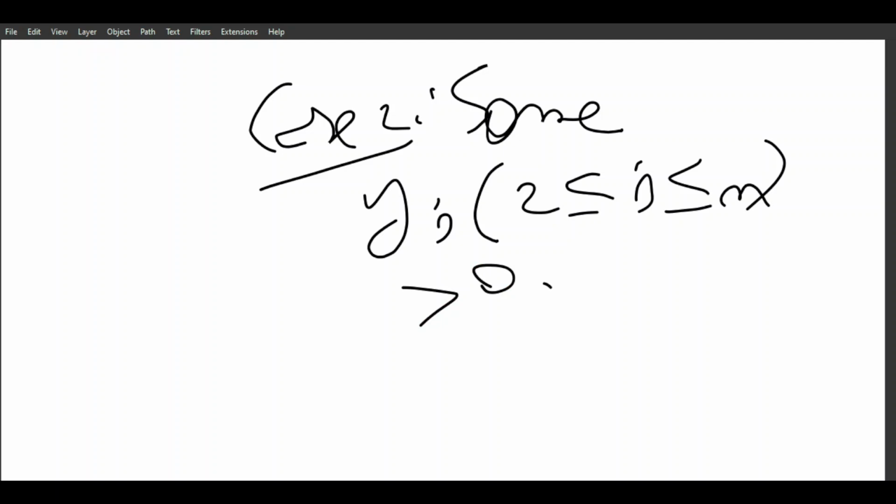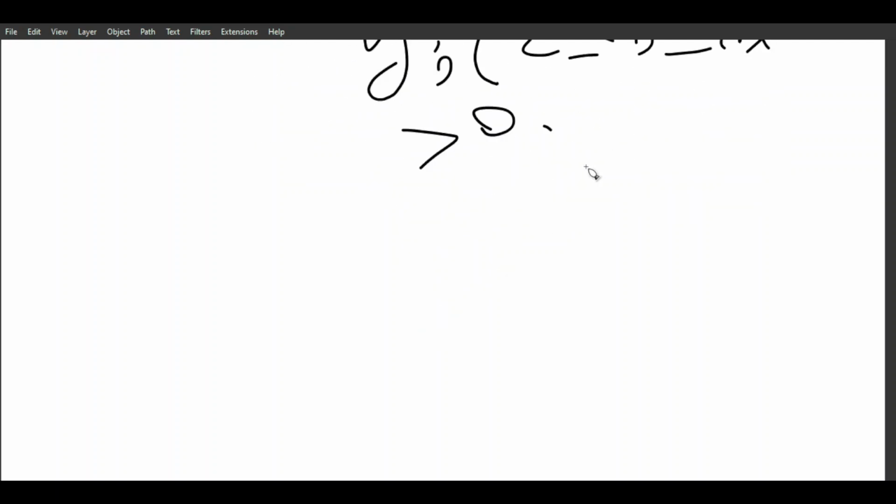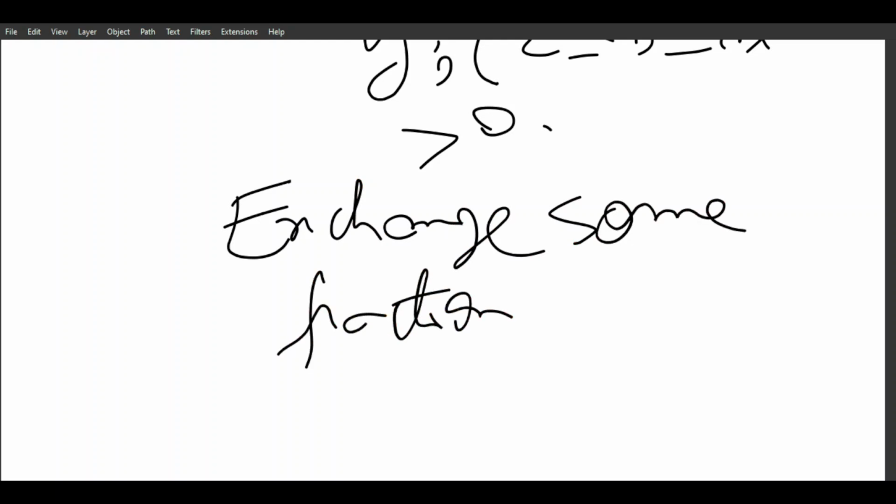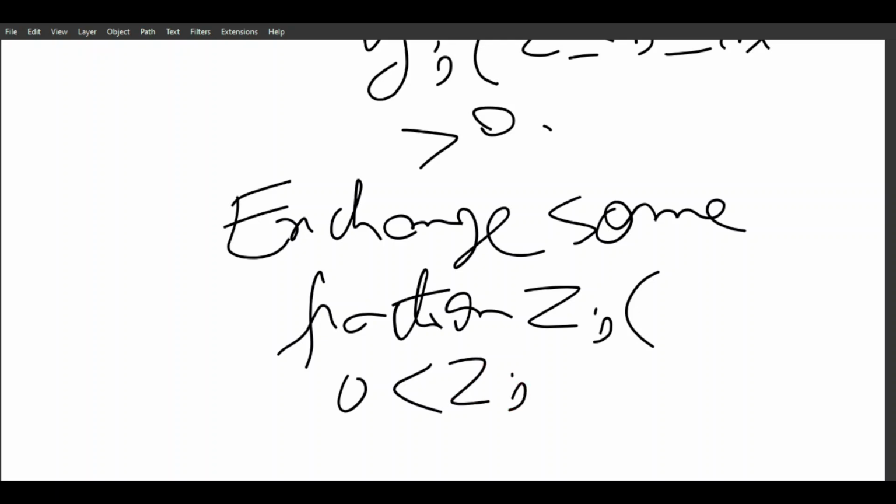So here we exchange some fraction, call the fraction zj, which is greater than 0 and at most yj.